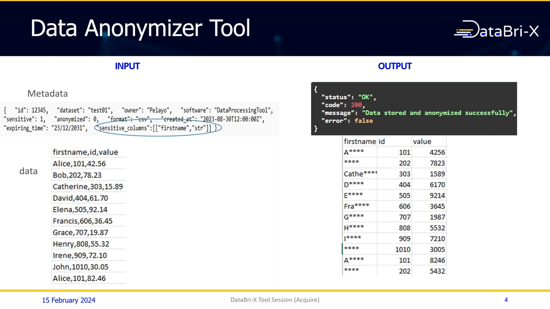And the data itself can be any type of data in any order, but in a column-like structure, as you see in the image. This data will be stored and anonymized, as we can see here, outputting a response and the dataset already masked. Of course, this is a simple example, but its main purpose is in masking IPs or MAC addresses in IoT or traffic datasets, which are more sensitive to this type of masking.